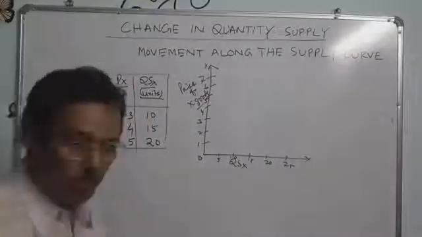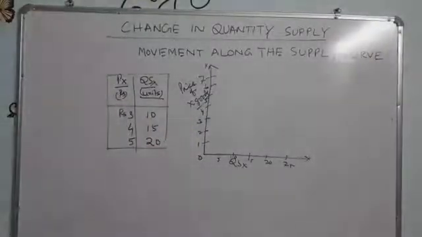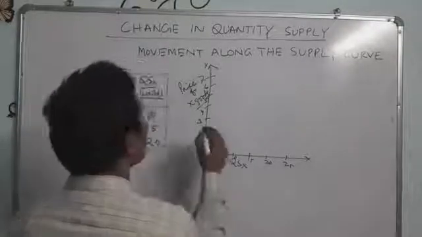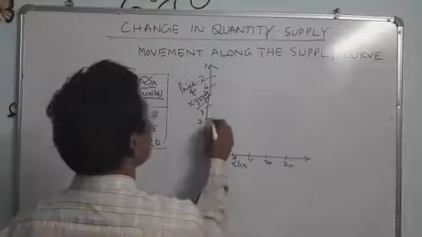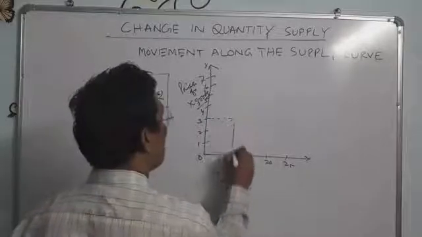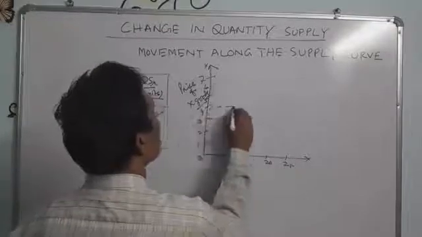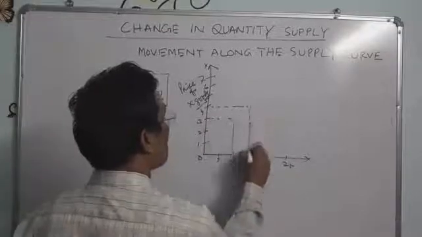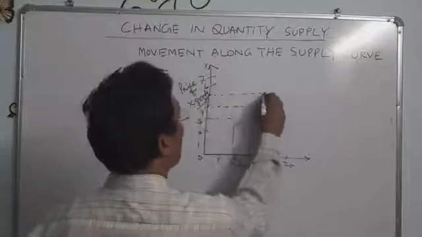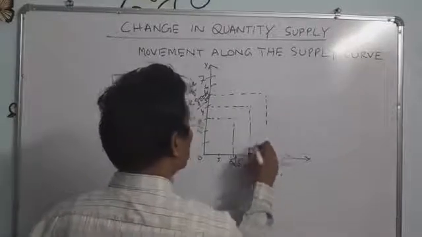So when price increases from 3 rupees to 4 rupees, quantity supplied increases from 10 units to 15 units. Suppose at 3 rupees, quantity of supply is 10 units, at 4 rupees it is 15 units, and at 5 rupees it is 20 units.